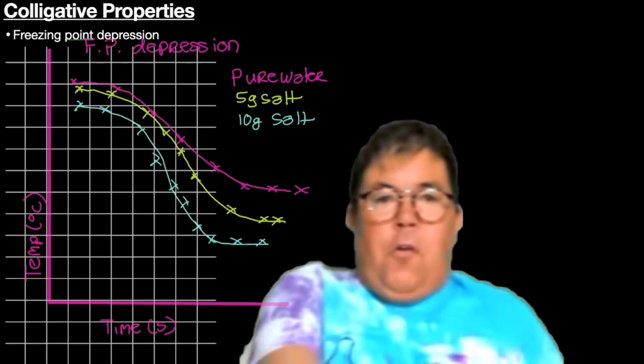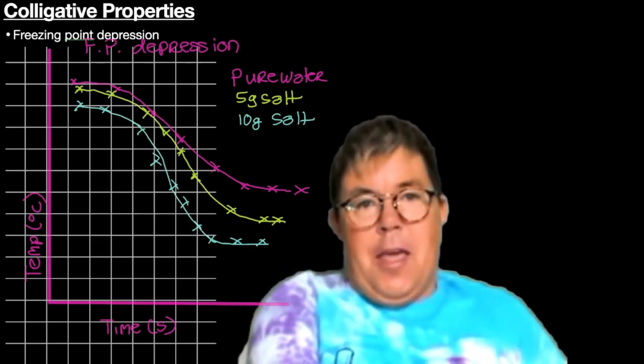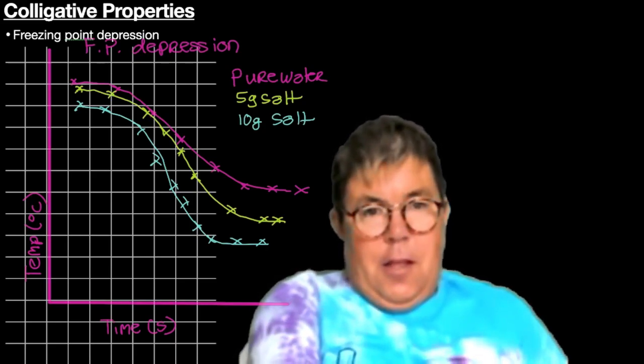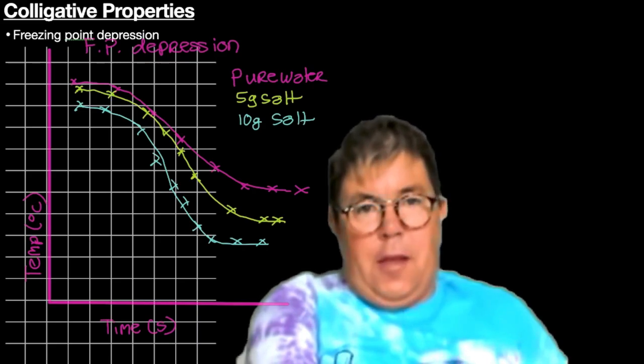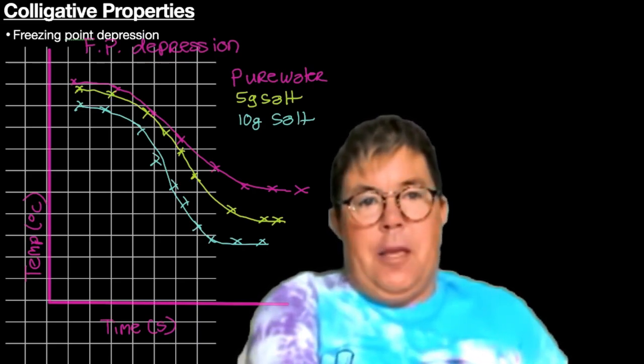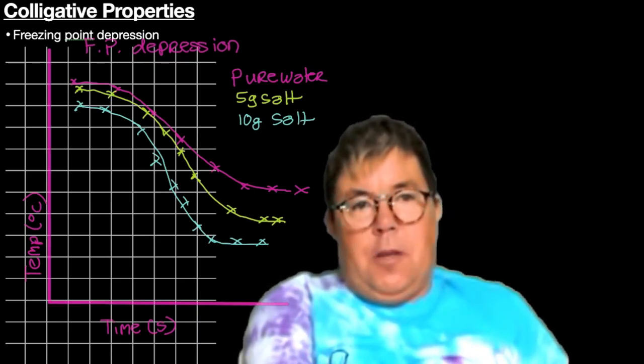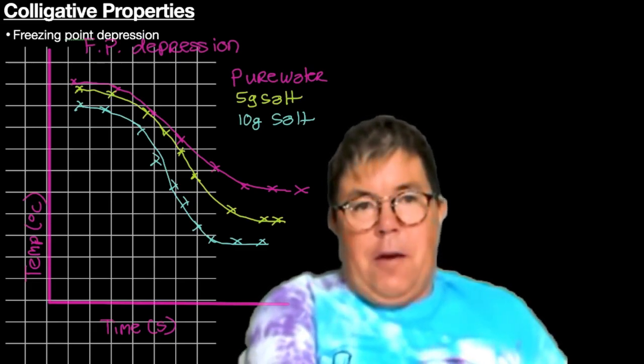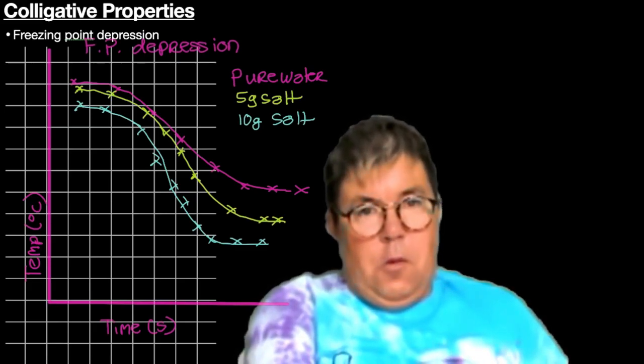What is the overall trend in the plots I have made? The overall trend seems to be a lower temperature is achieved when we have more salt in the water.